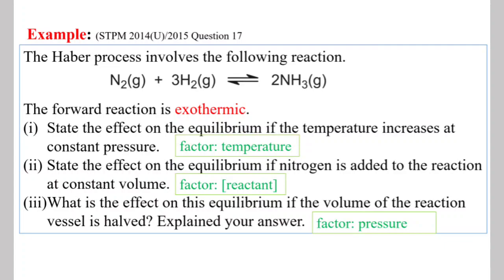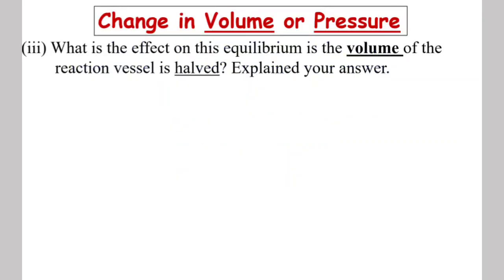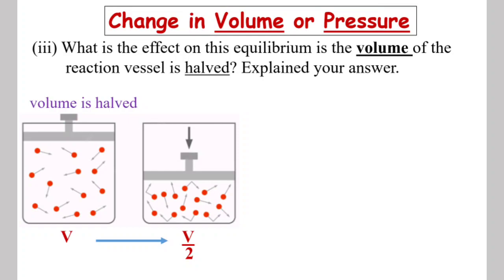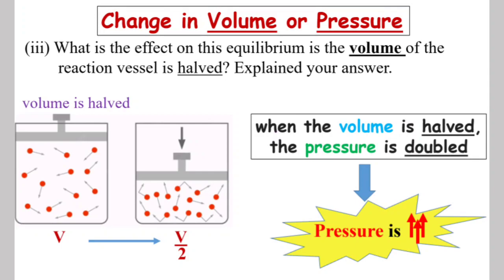Next, question 3. What is the effect on the equilibrium position if the volume of the reaction vessel is halved? Always bear in mind that when the volume of the system is decreased, the total pressure in the system will increase. Therefore, when the volume is halved, the pressure is doubled.